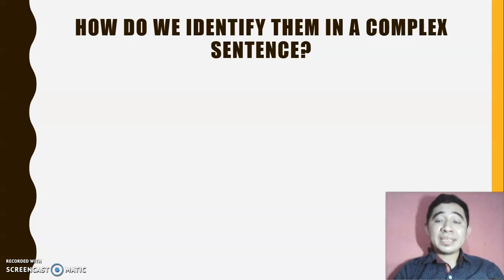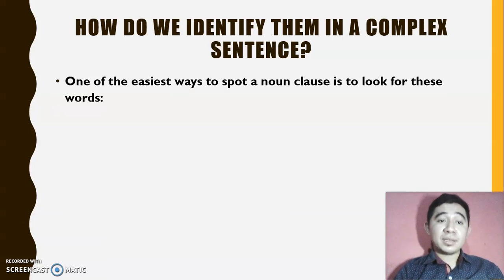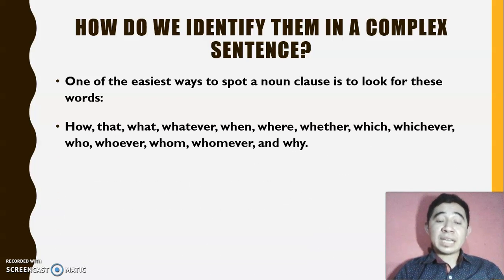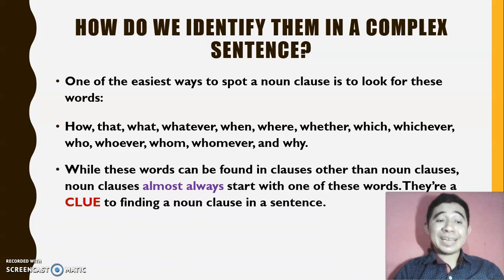So how do we identify them in a complex sentence? Well, one of the easiest ways to spot a noun clause is to look for these words, the ones that I have already mentioned, which are conjunctions. And keep in mind that noun clauses almost always start with one of these words. So this is a clue that you have to remember in order to find a noun clause in a sentence.